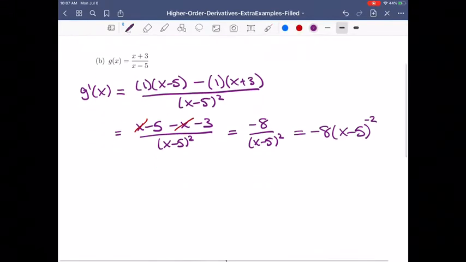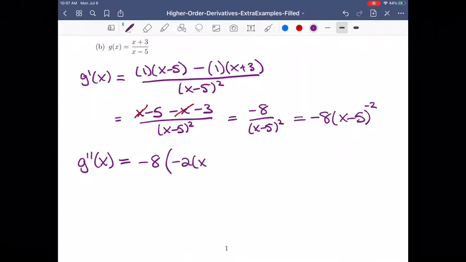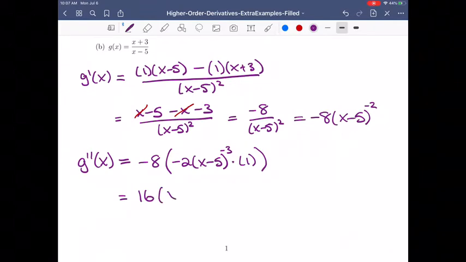Now if I use the simplified version, and I want to take the second derivative, the negative 8 just comes out to the front. It's a constant multiple. I bring down the negative 2, and I have x minus 5 to the negative 3, and then I multiply by the derivative of the inside, which is 1. So negative 8 times negative 2, that's 16. So I have 16 times x minus 5 to the negative 3.